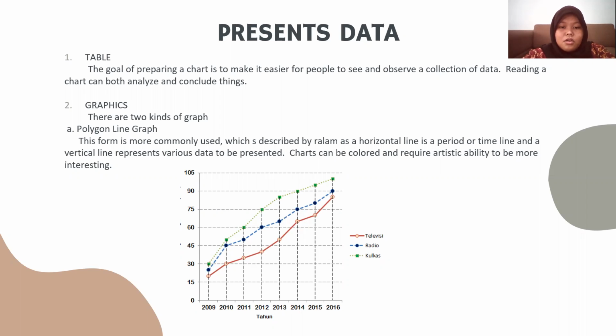This form is more commonly used, in which a horizontal line is a period or a timeline, and a vertical line represents various data to be presented. Charts can be colored and require an artist's ability to be more interesting.